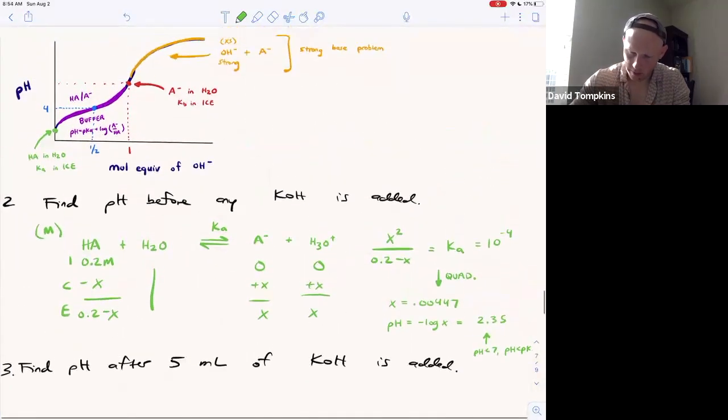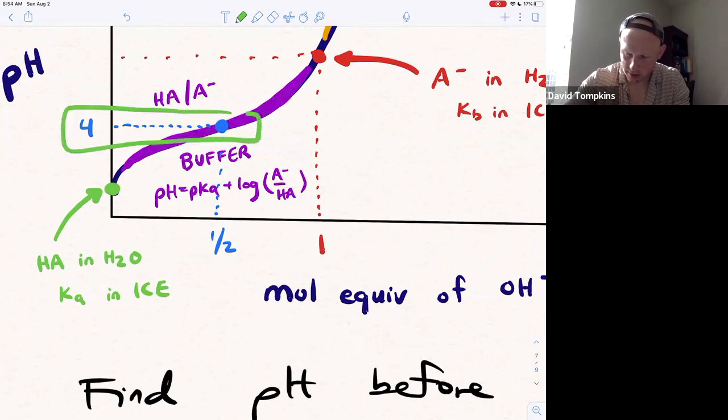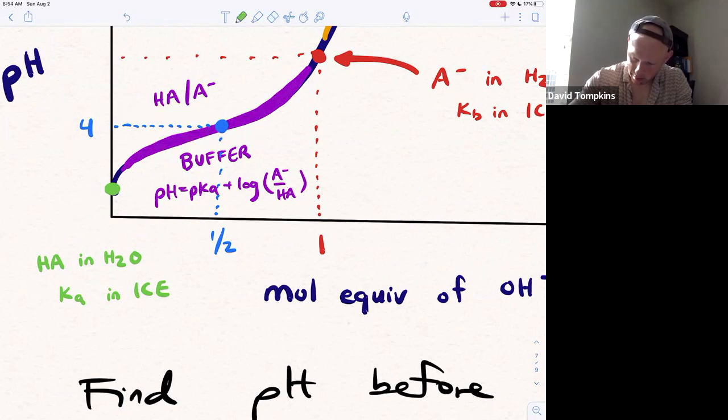Because we know on this curve, we are not going to arrive at a pH equal to 4, the pKa, until the buffer region, and the midpoint of that buffer region. And we've now found this first pH value.